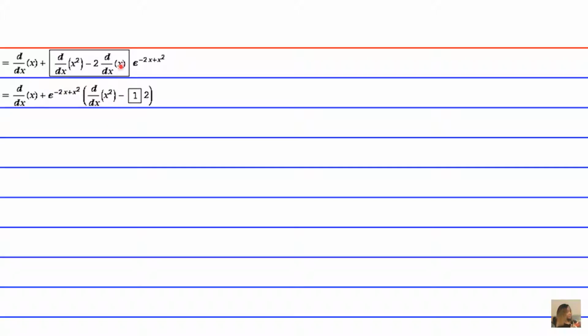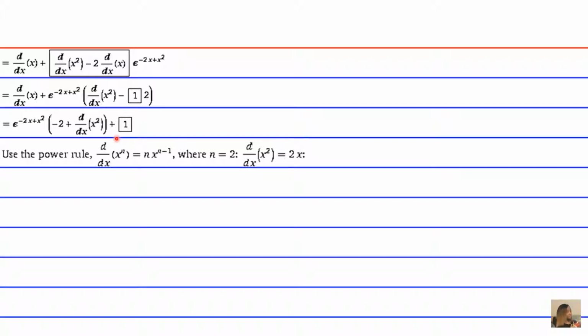All right, so first we're going to analyze it within this expression. d/dx of x is 1, so this becomes a 2 times 1, okay? And also, we can combine the 2 and the 1 to get negative 2. We can also analyze that this expression, d/dx of x, is 1 as well, okay?